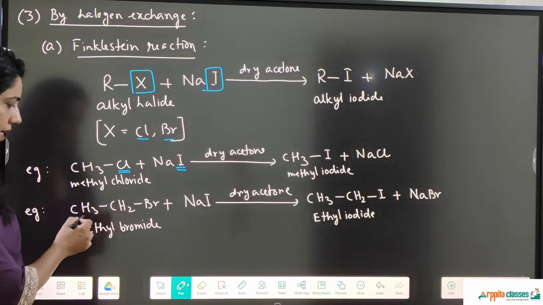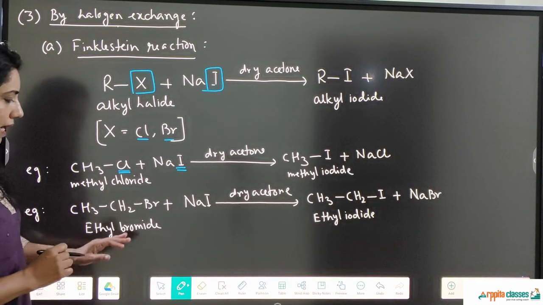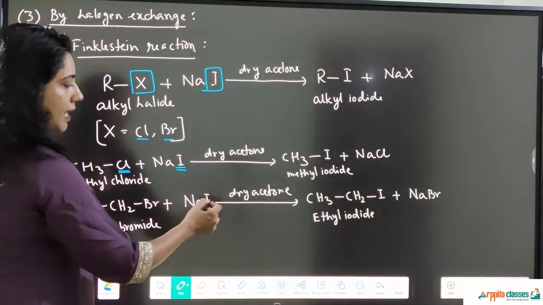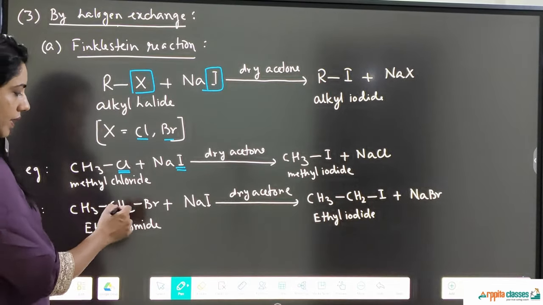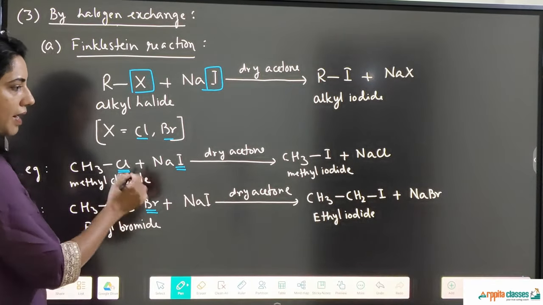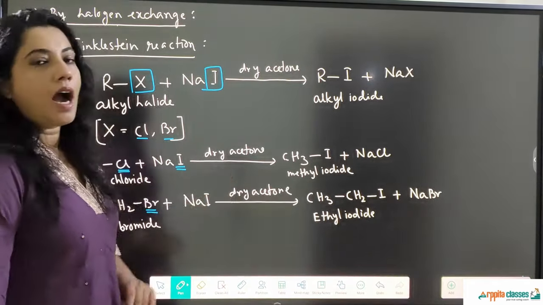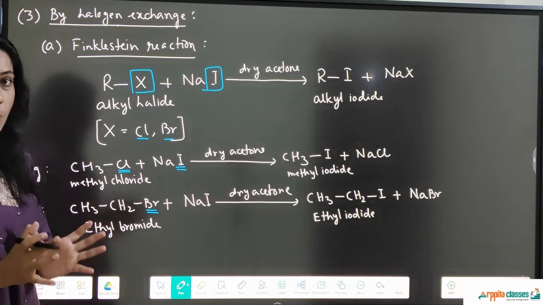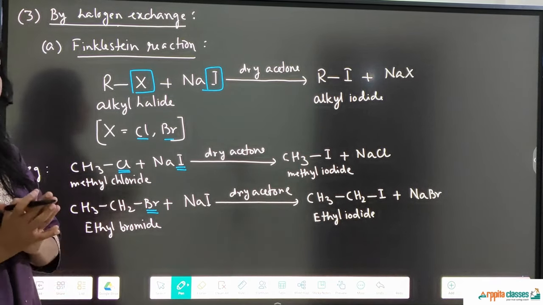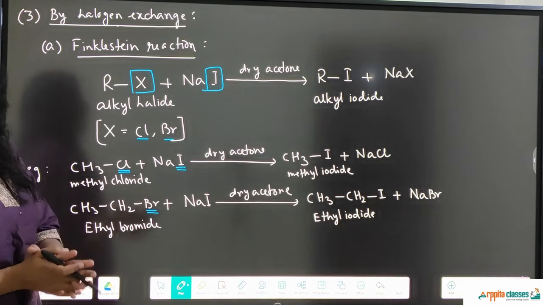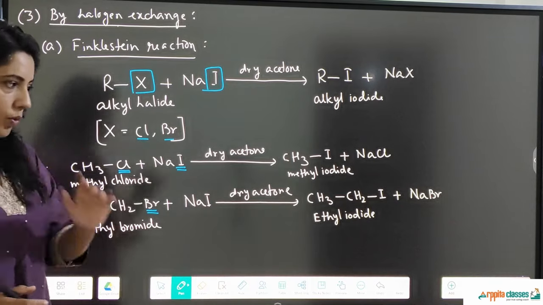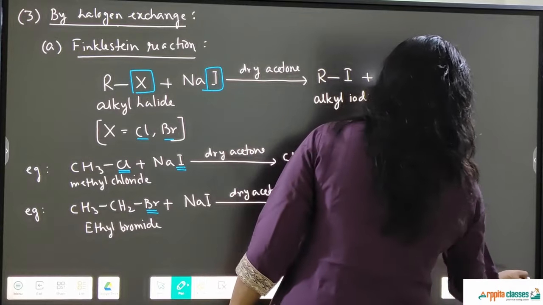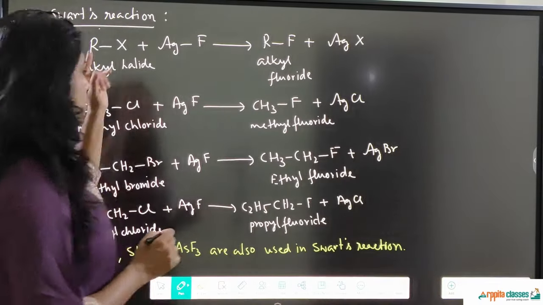Similarly, here CH3CH2Br, ethyl bromide, with NaI in dry acetone, the Br will be substituted by I, so you get ethyl iodide. This is your Finkelstein reaction, an exclusive method for the preparation of iodoalkane from bromoalkane or chloroalkane. Now the next named reaction is the Swarts reaction.